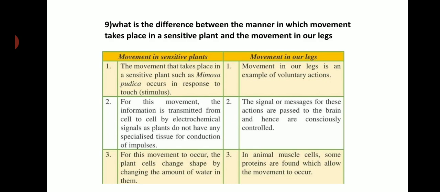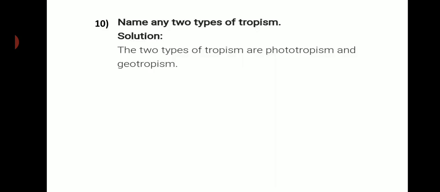Then the last point, for this movement to occur, the plant cell changes shape by changing the amount of water in them. But in animal muscle cells, some proteins are found which allow the movement to occur. The next one, name any two types of tropism. You can write any tropism. Here I gave only phototropism and geotropism.